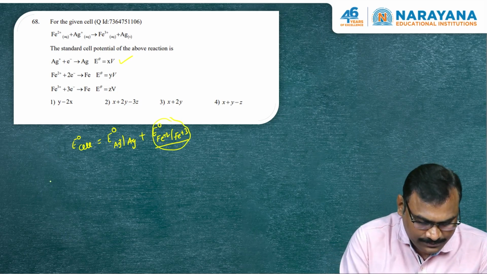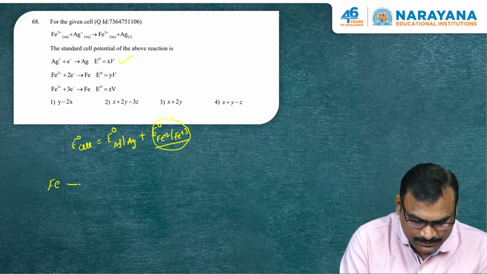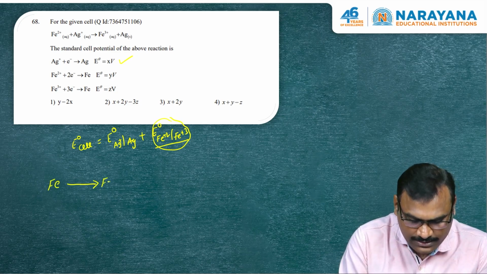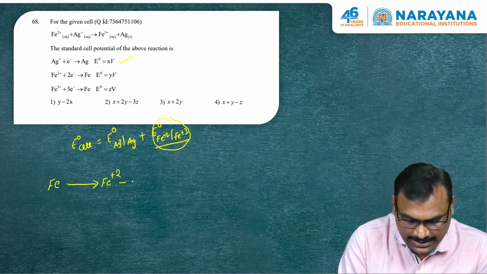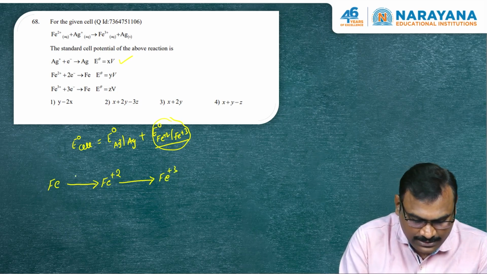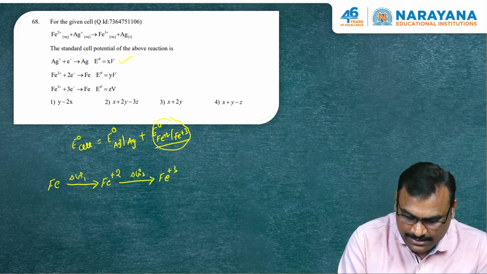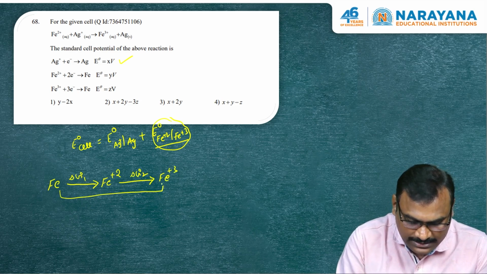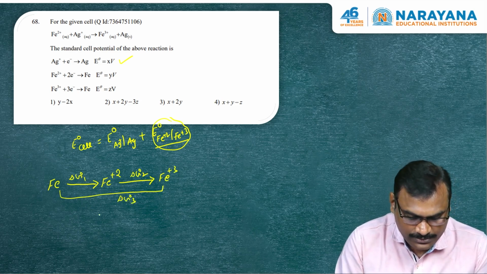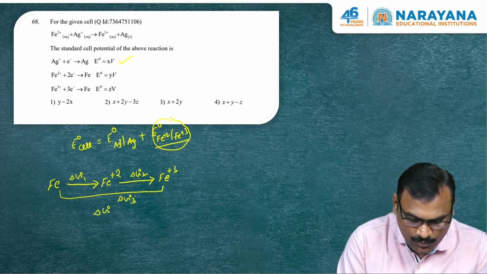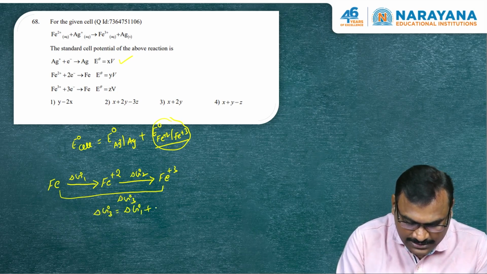Let us see here, iron becomes Fe2+ and then it becomes Fe3+. Say this is delta G naught 1, this as delta G naught 2, and this as delta G naught 3. We know the free energy change in the overall reaction is equal to the sum of the free energy changes in the individual steps.